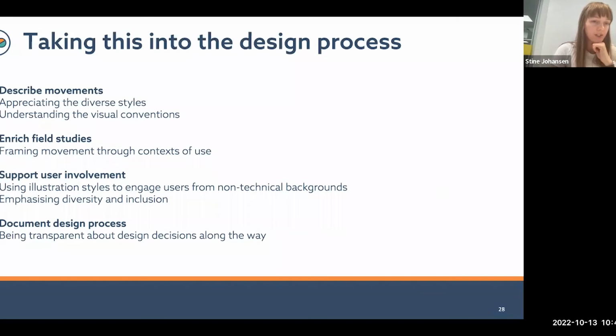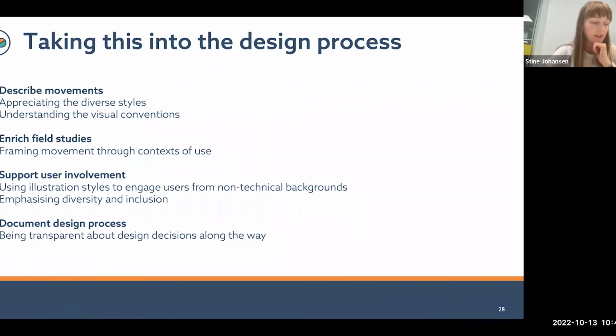So the next one is enriching field studies. And even though several of the illustrations that we found show some kind of context where a human-robot interaction, for example, takes place, the focus is often not on the context itself, but it's rather on the interaction between the person and the robot.